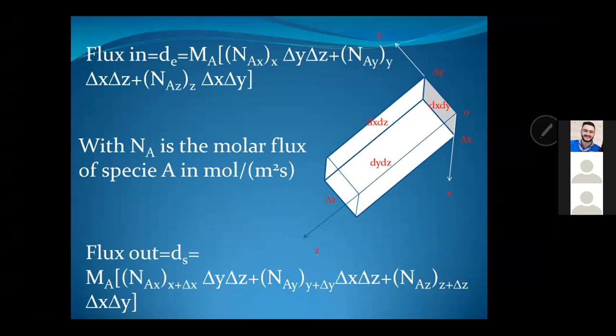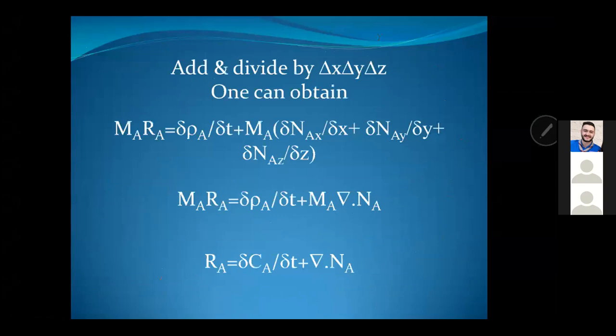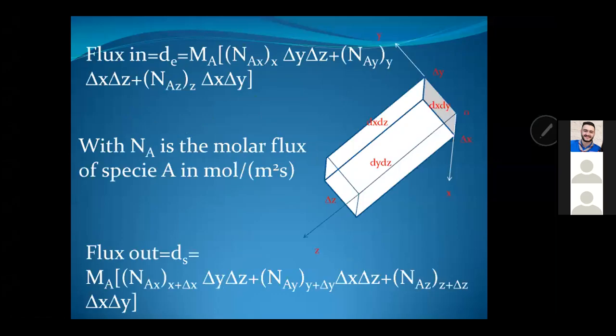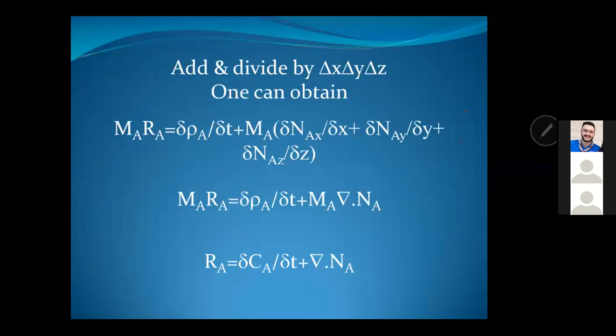Then when we add in this equation the flux out minus flux in over the volume delta x delta y delta z, we find the divergence of NA, the molar flux NA. Are you still following me? Yes.